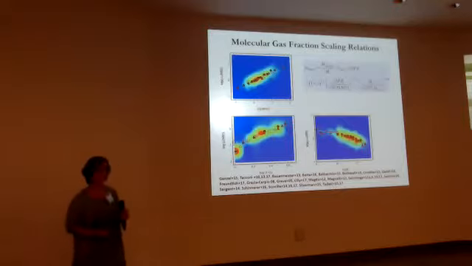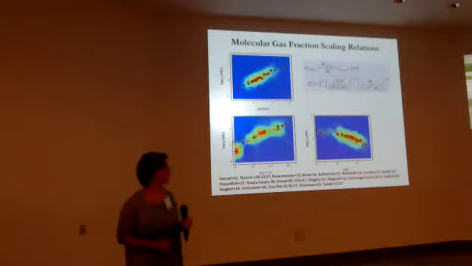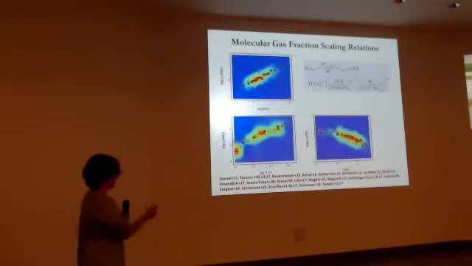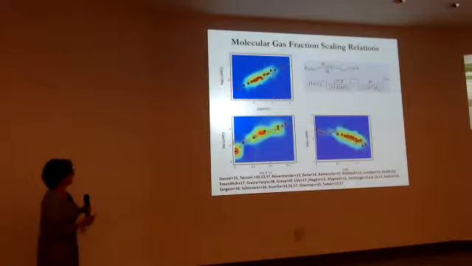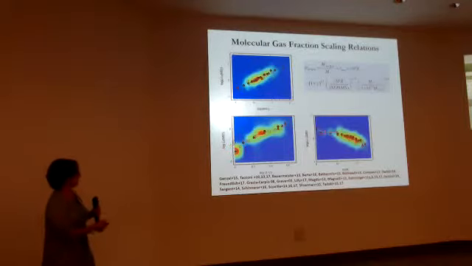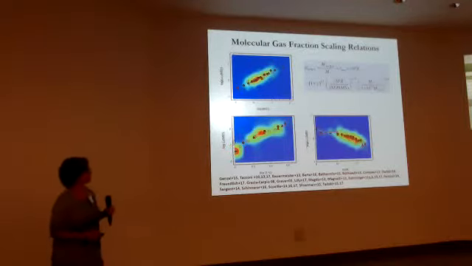So let's do the same thing now with molecular gas fraction, which is related to the depletion time by this relation here. It's just the molecular gas divided by the stellar mass. And again, you can plot it as a function of redshift, offset from the main sequence, and stellar mass.